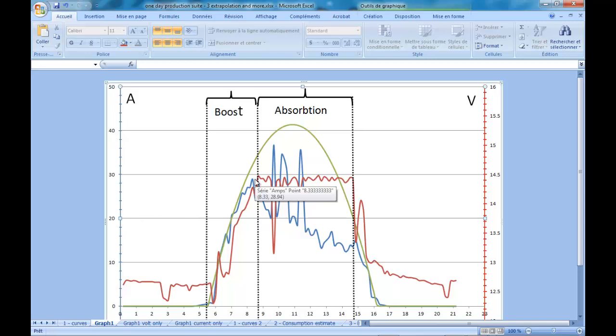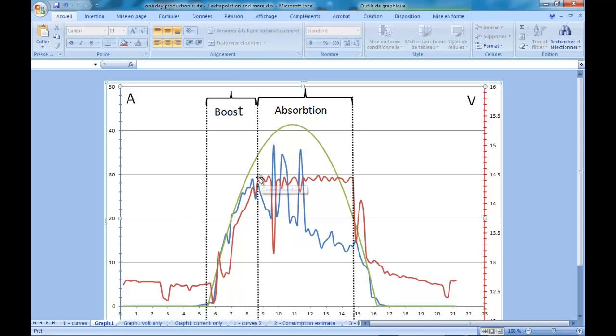If the charger kept going at full power, the current would follow the green curve, but the voltage would go high also, and it would not be good for the battery. We would go over voltage.